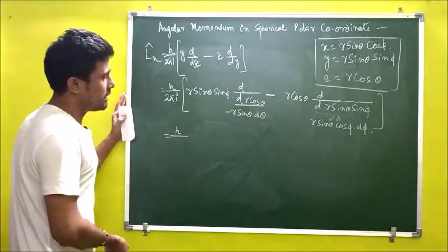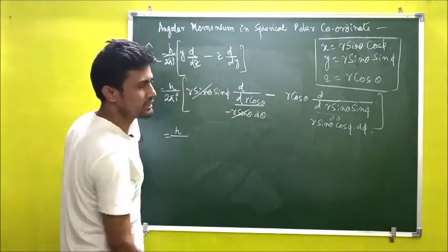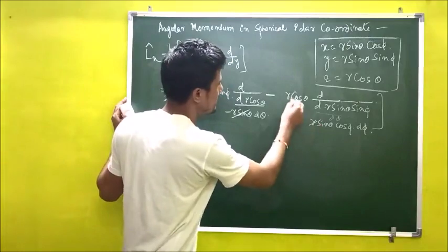So if we write this term, then this r of sine theta and r of sine theta will cancel out. Here r cancels out.